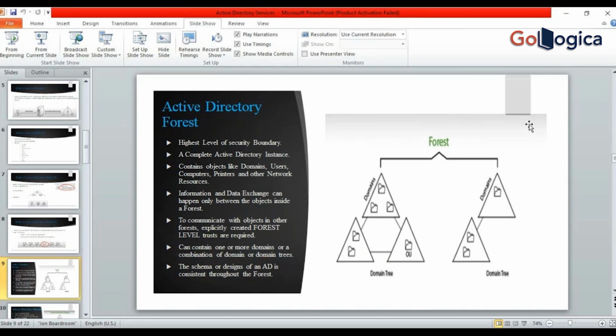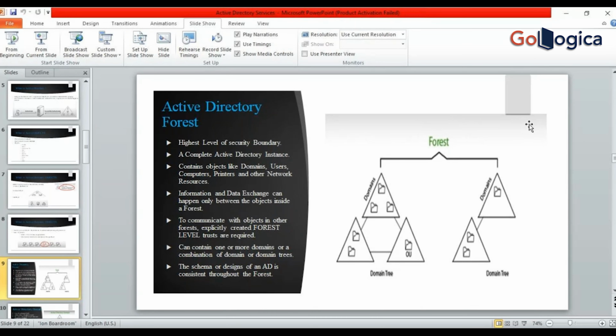So why do we use the term forest in Active Directory? Because it is the highest level of security boundary. Highest level of security boundary means all the livings, non-livings, and whatever things are there in the forest are situated under one umbrella. So we call it a complete forest.